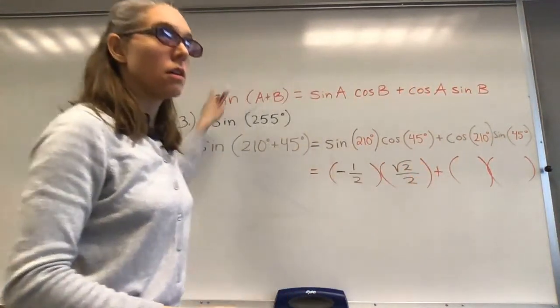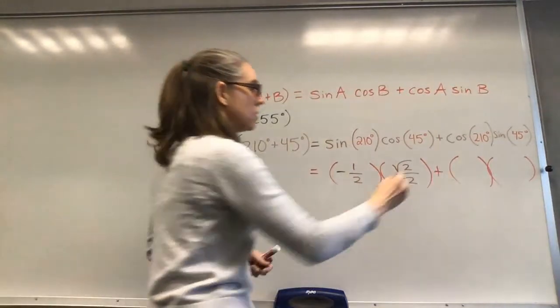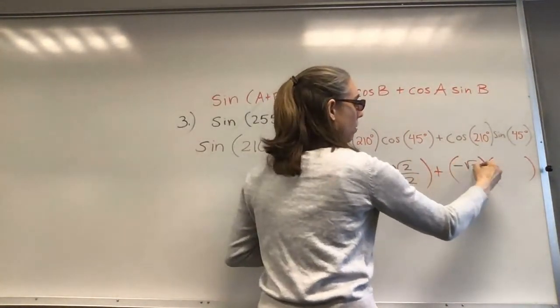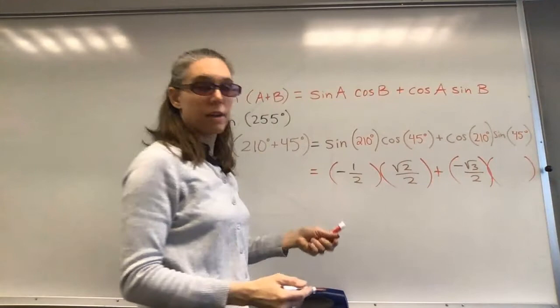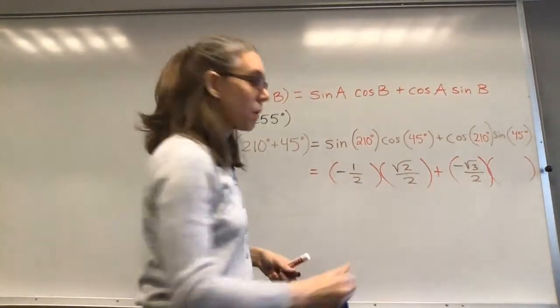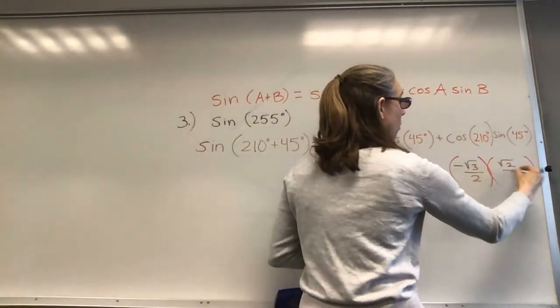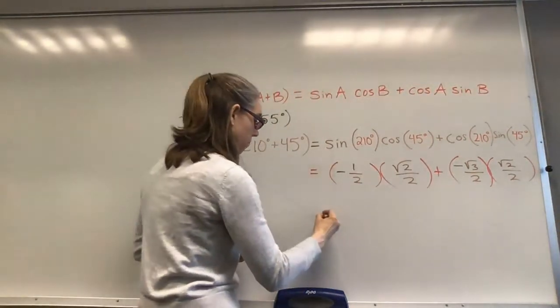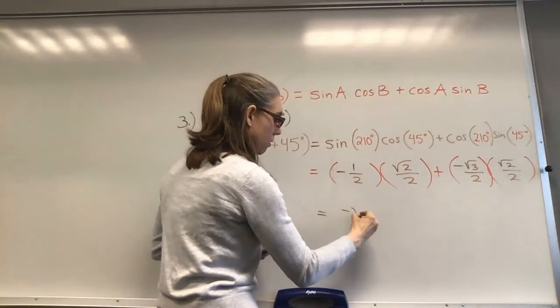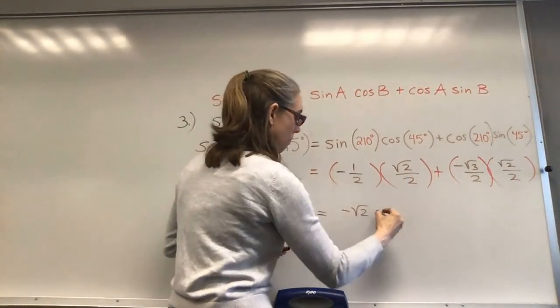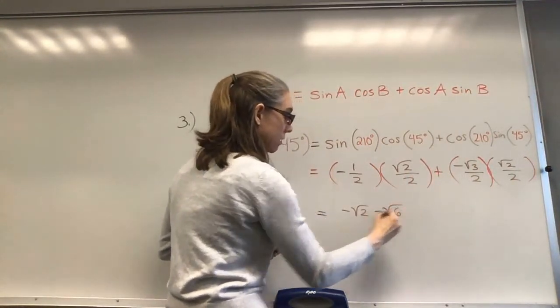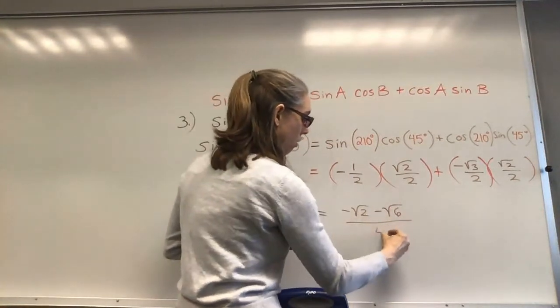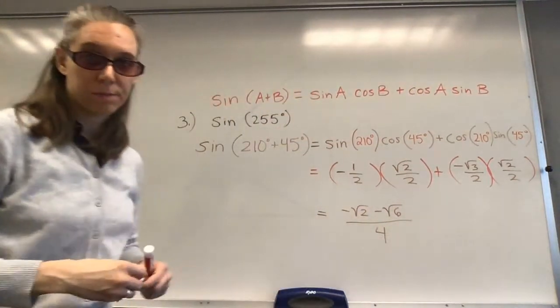The cosine of 210 degrees is -√3/2. And the sine of 45 degrees is +√2/2. And then for your final answer, you can go ahead and just combine these. -√2 minus √6 all over 4.